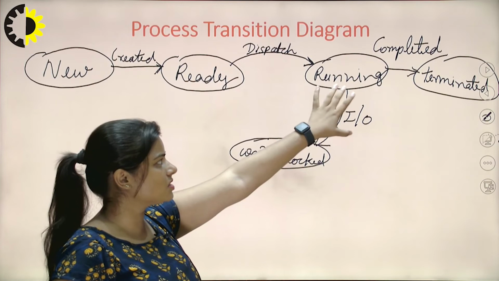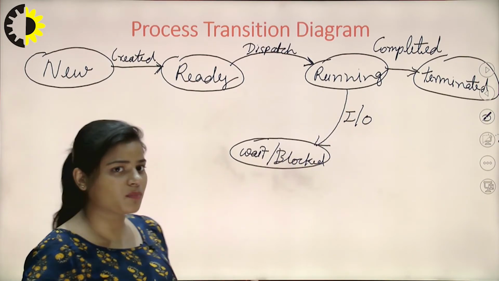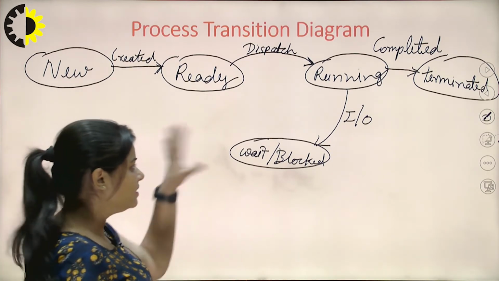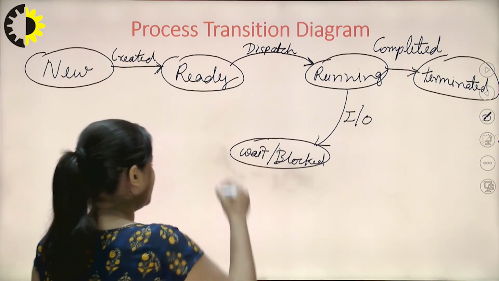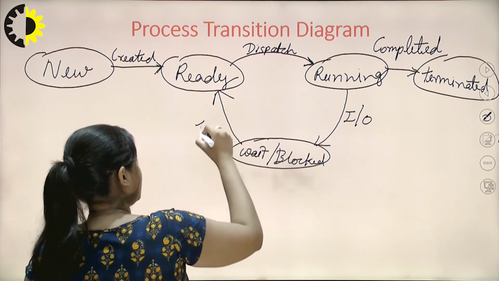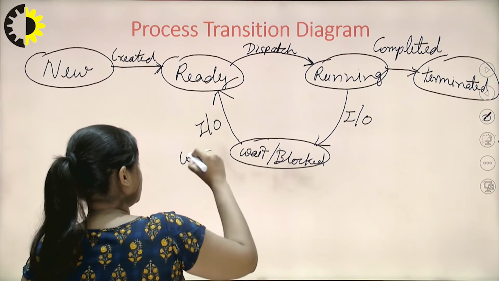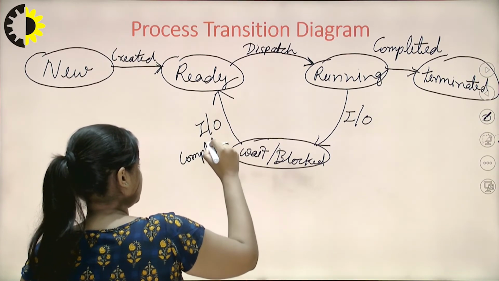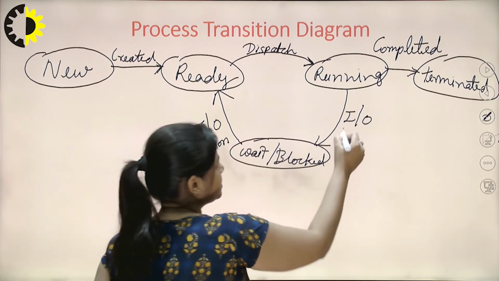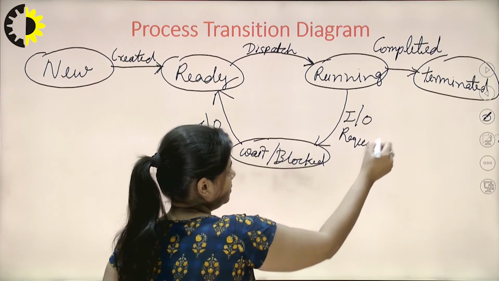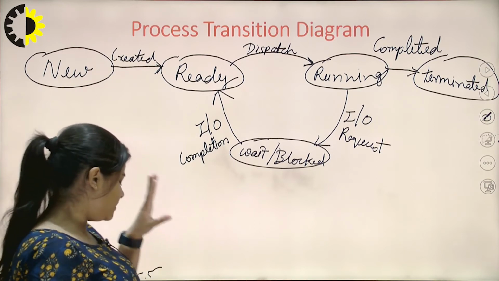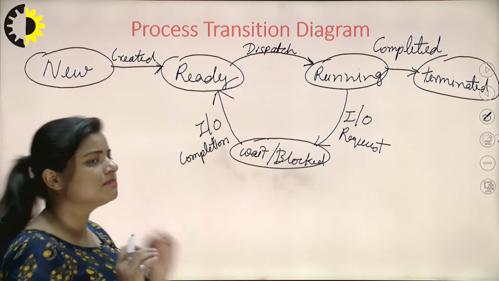Whenever a process makes an IO request, it goes toward the wait and block state. And after getting the IO device under wait state, it gets back to ready state, which is basically IO completion. Okay. So IO request and IO completion.